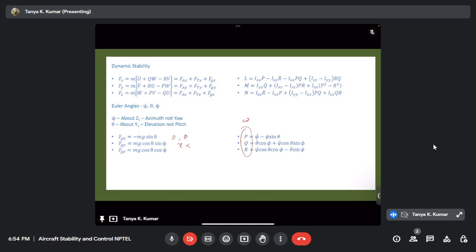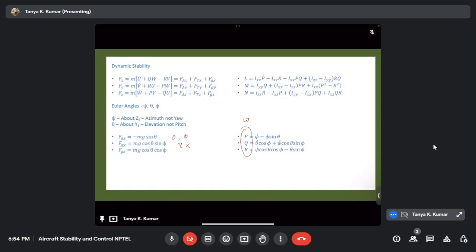So along which axis is the weight of the aircraft? It's along the z axis, right? So why should the orientation of the z axis come into play? Correct? That is why xi is not coming into play. Is that clear?